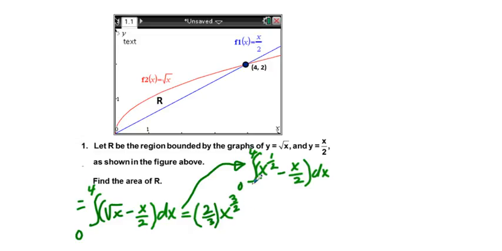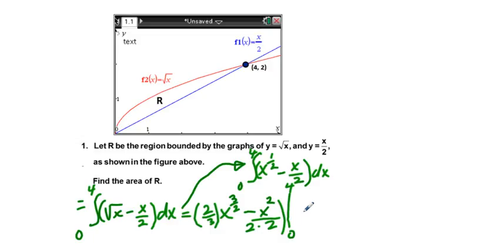And then x over 2 becomes minus x squared over 2, and then we divide by 2, what we raise the power to, from 0 to 4.